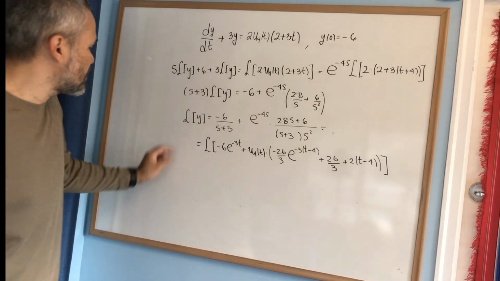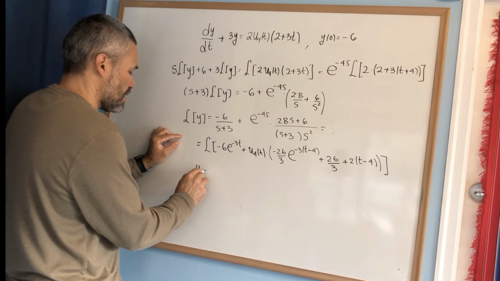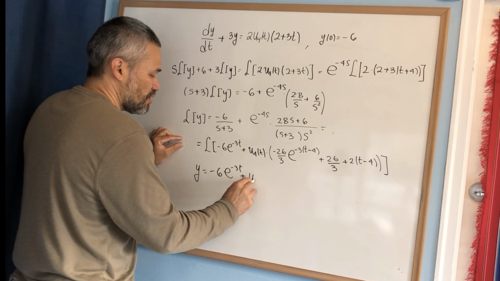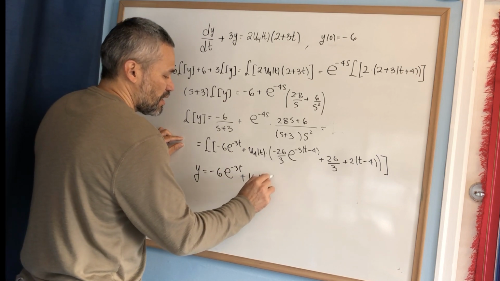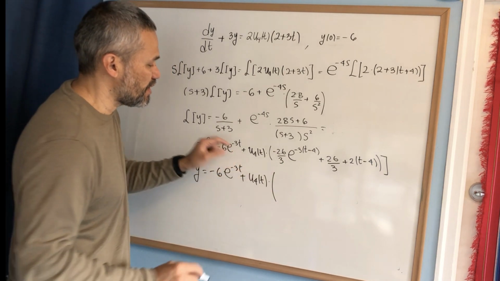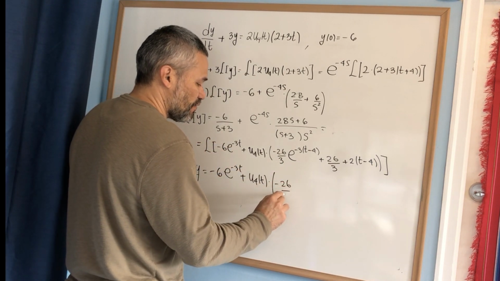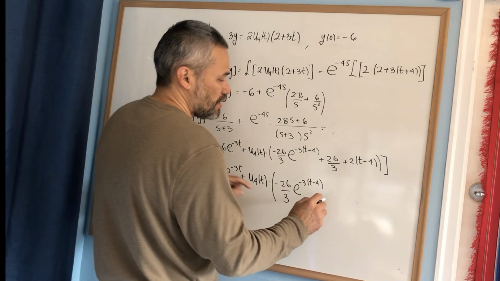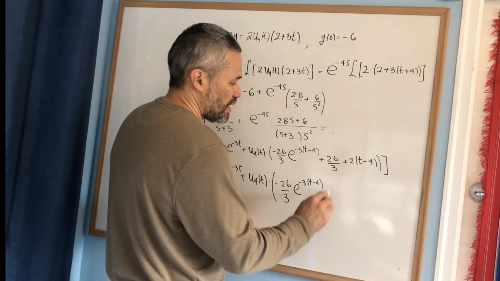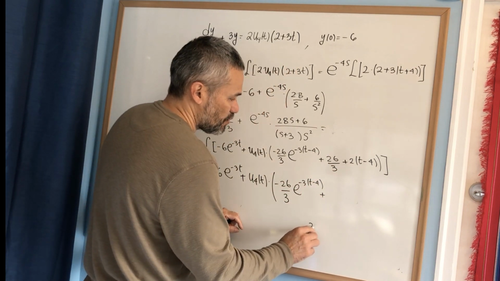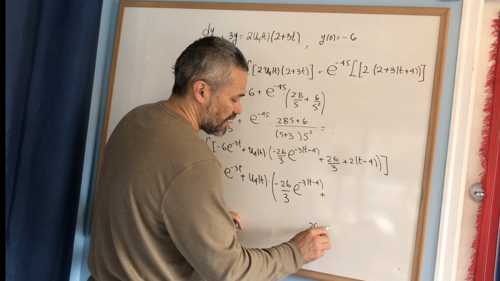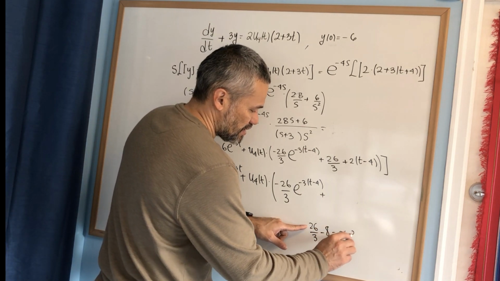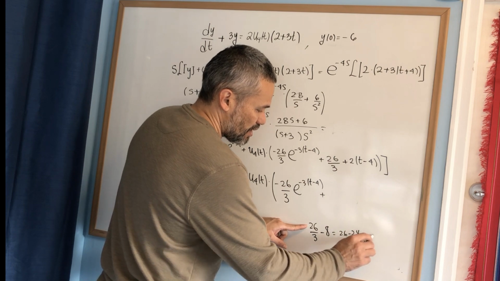The answer is y equal negative 6 e to the negative 3t plus u4 of t times, let's see if we can do some simplification. This is negative 26 over 3 e to the negative 3 times t minus 4. And then here we have plus, we're going to have 26 over 3 minus 8, which is 26 minus 24 over 3.